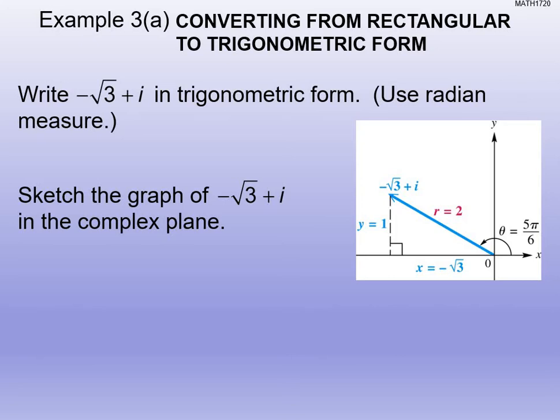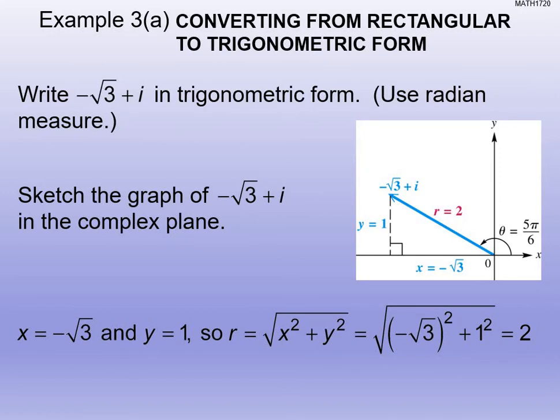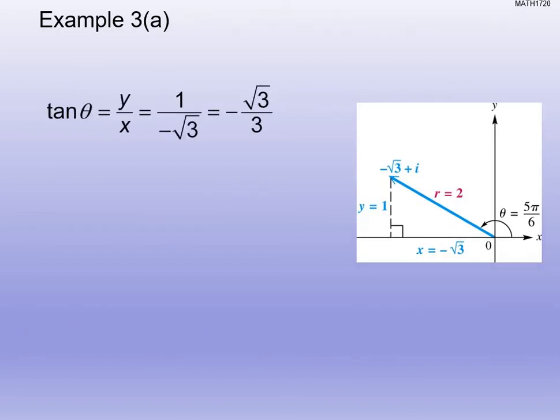So when we do that, you can take 1 squared plus negative square root of 3 squared, all square rooted, and you'll get r is 2. Okay, once we know that r is 2, then we're going to take tangent inverse of 1 divided by negative square root of 3, and that will give us the angle.